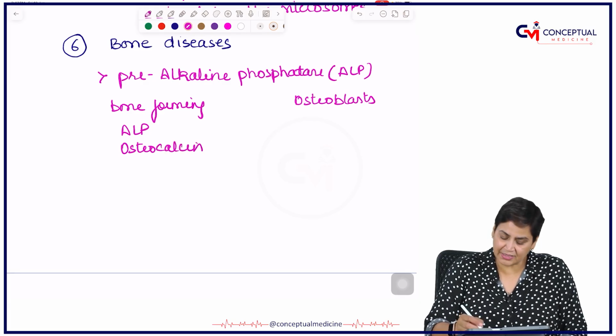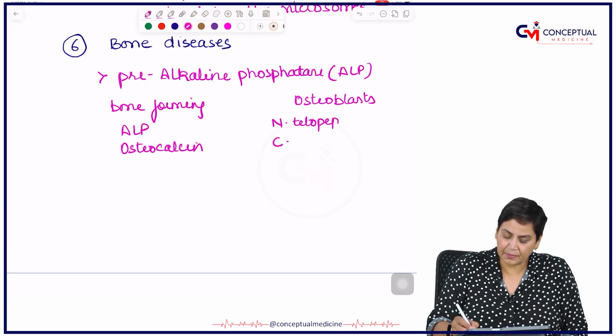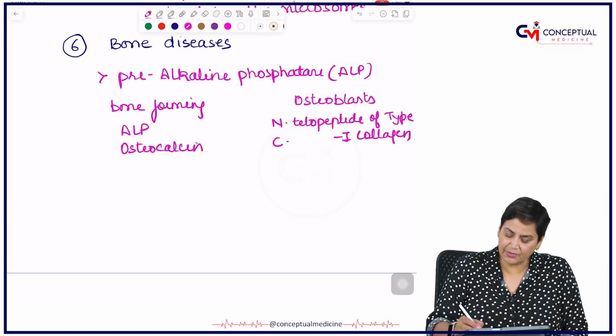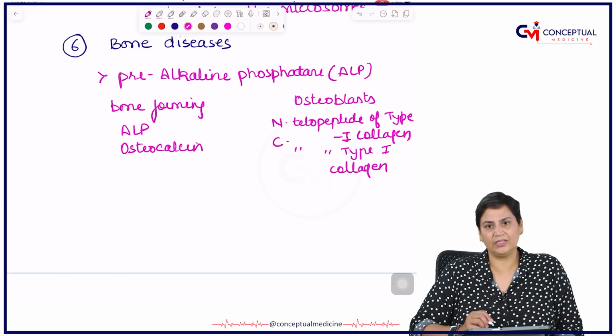But in bone resorption there will be N and C telopeptide of type 1 collagen. Type 1 collagen will be there, and similarly C telopeptide of type 1 collagen will rise. So these are the main markers which are going to rise in anything related to the bone diseases.